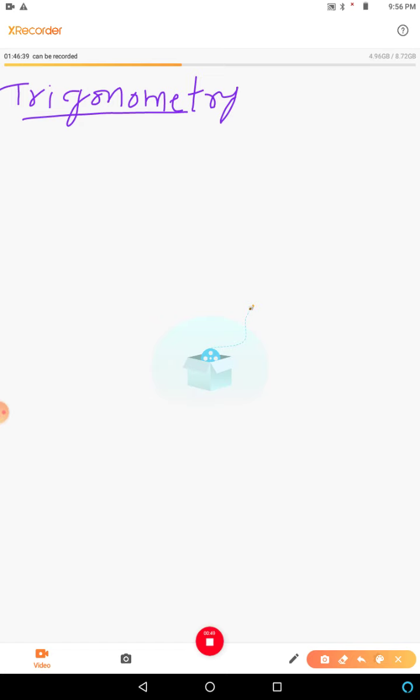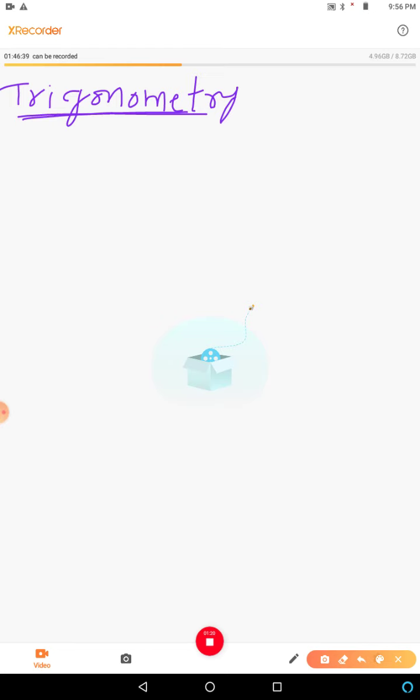Trigono means triangle, metry means measurement. So it is the measurement of a triangle. What are the basic ingredients of a triangle? The sides and angles. The study of the relation between them is called trigonometry.